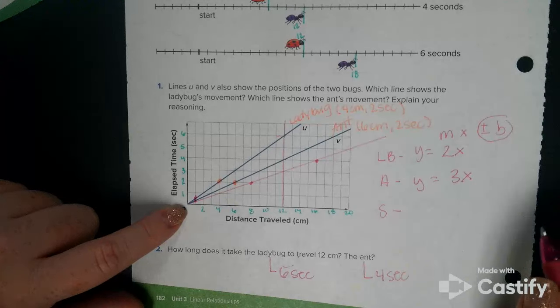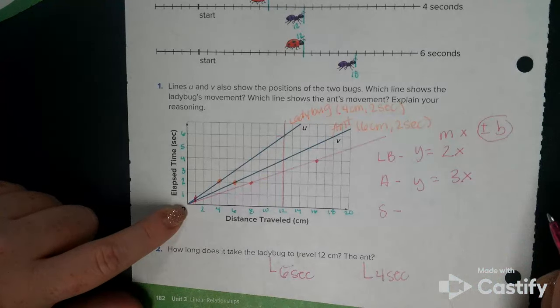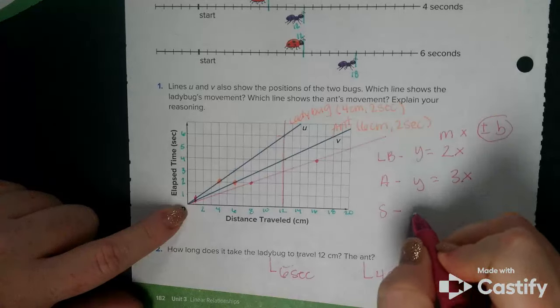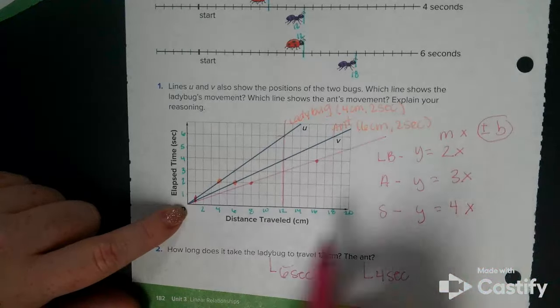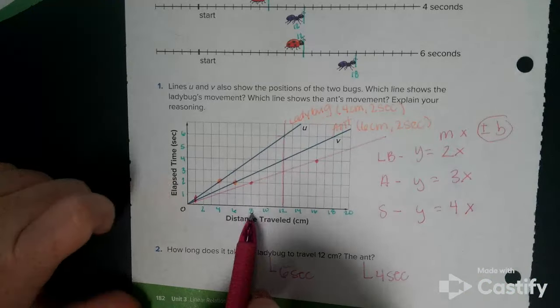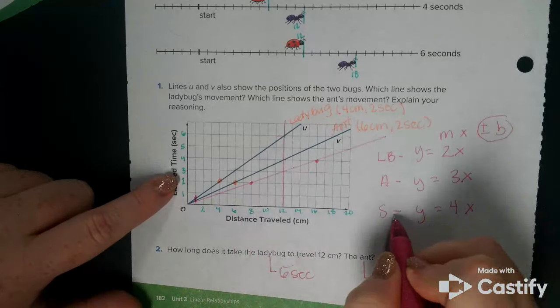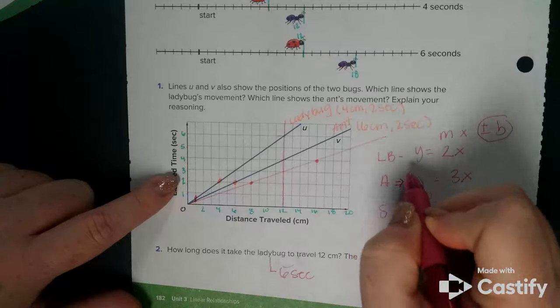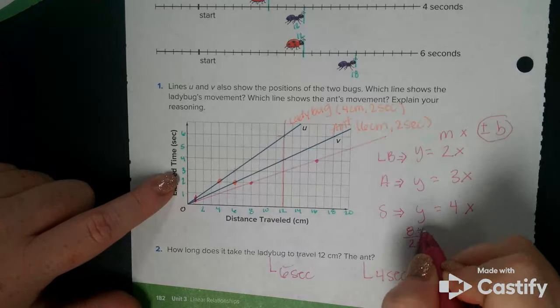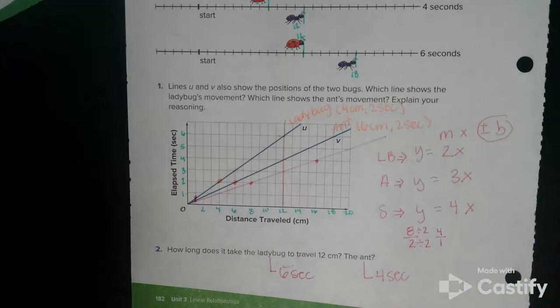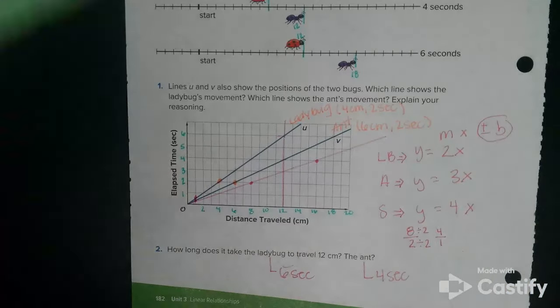And the new bug was 4 centimeters per 1 second. And you can prove it because 8 centimeters and 2 seconds. If you find your unit rate, we get 4/1. Equation for each line, done.